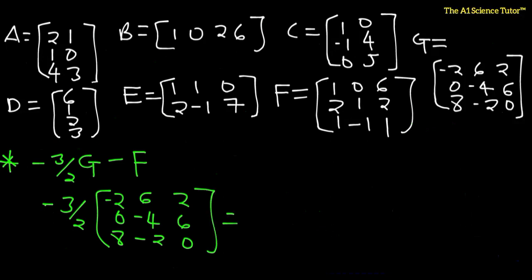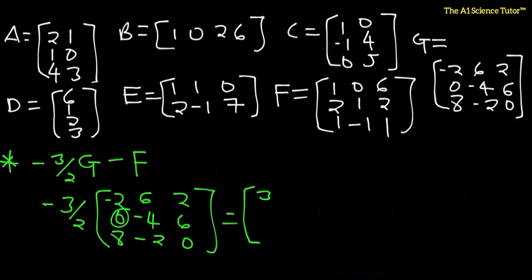Now, what we need to do is take negative 3 over 2 and multiply by each element present within this matrix. If I multiply negative 3 over 2 with 2, the 2 is going to cancel the 2 below. That is going to make a 1. And so we basically should have a -1 multiplied by -3, which is going to give us +3. So that is the answer for the first entry.